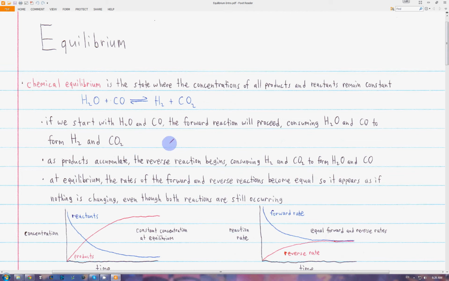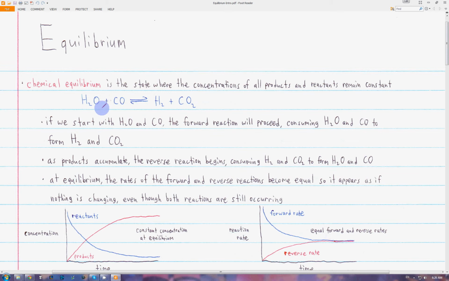And so the reverse reaction consumes H2 and CO2 and produces H2O and CO. So we have the forward reaction and the reverse reaction happening at the same time. And eventually they'll reach this state called chemical equilibrium.